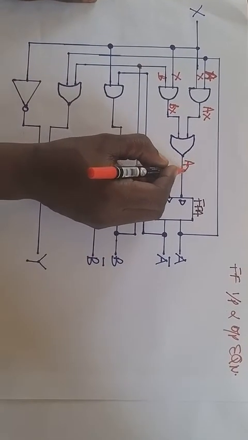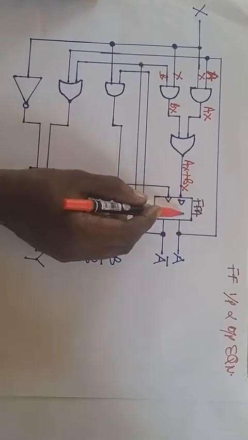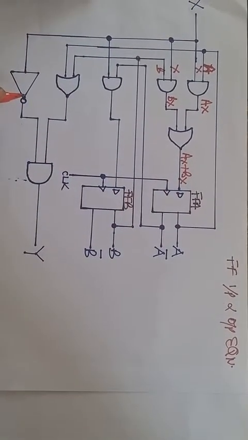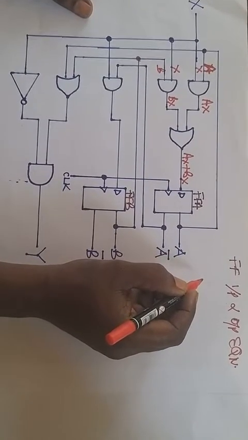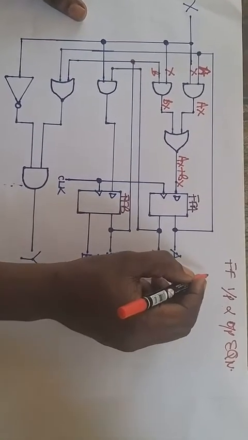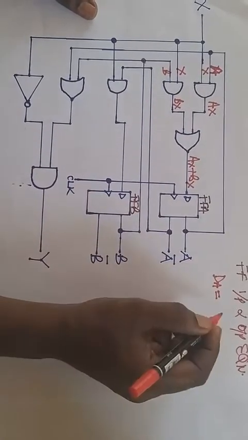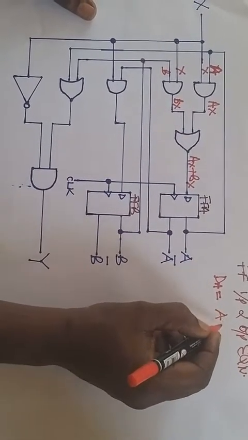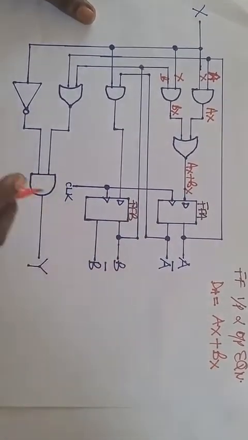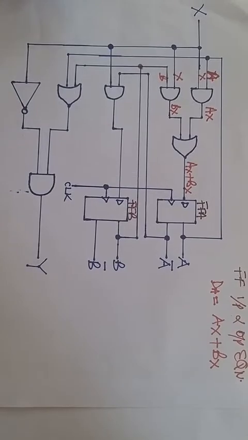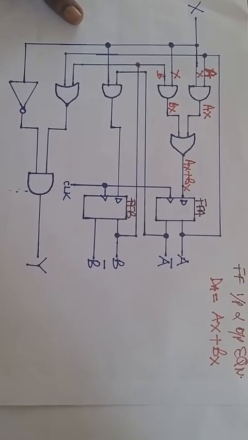So we are going to get AX plus BX as our input to flip-flop A. So for flip-flop A, let me call it DA, is equal to AX plus BX. So that is the first one.